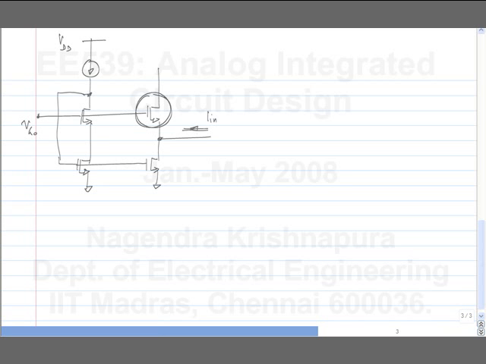You have a cascode current source and this node I will call the cascoding node or cascode node. And you apply the input to that node. So, this is the common gate amplifier.